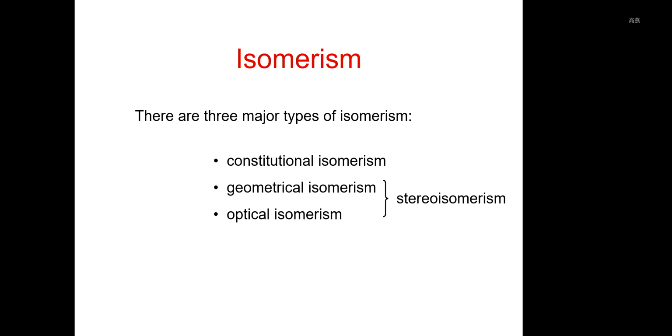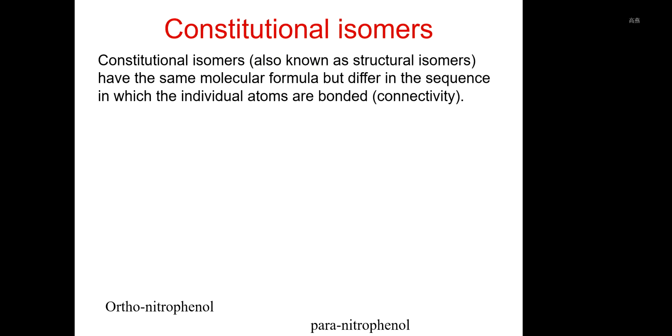And there are three major types of isomerism: constitutional isomerism, geometrical, and optical isomerism. And the latter two are stereoisomerisms.